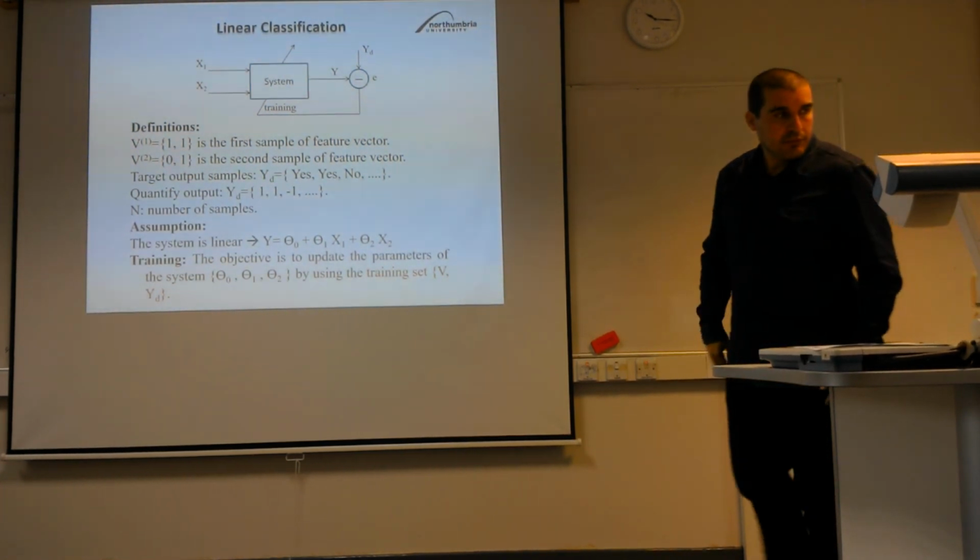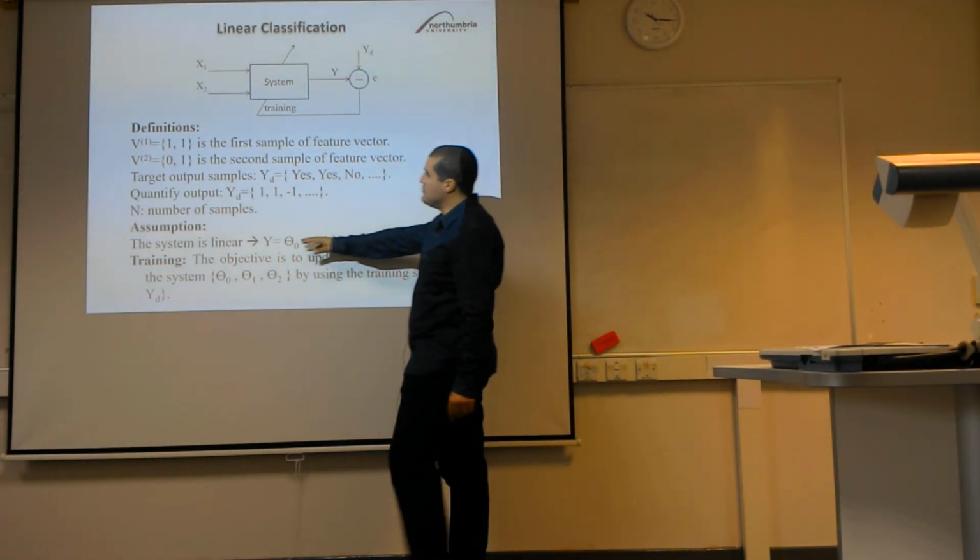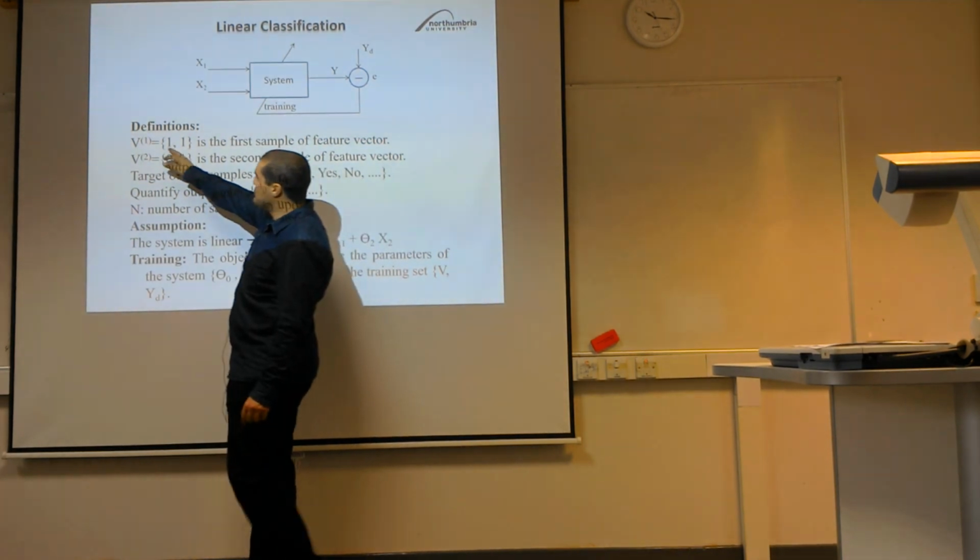So again, if we assume the system is linear, this is the first feature vector.